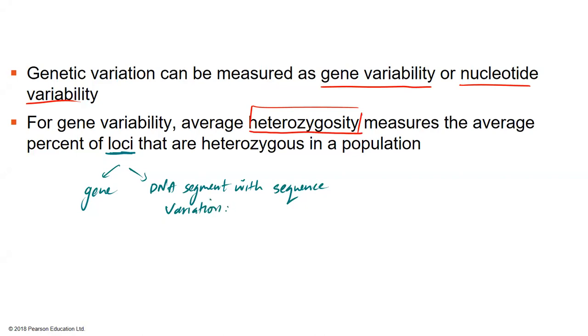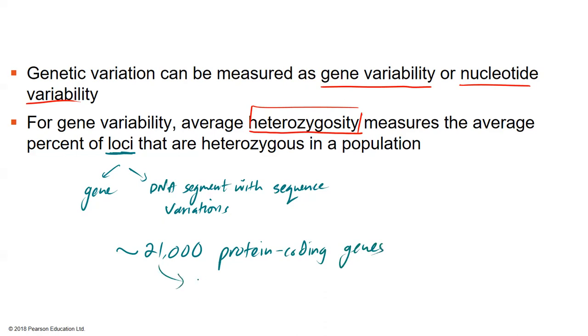Okay. So for example, we have around 21,000 protein coding genes in humans.